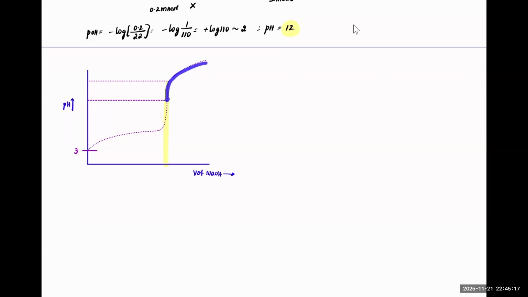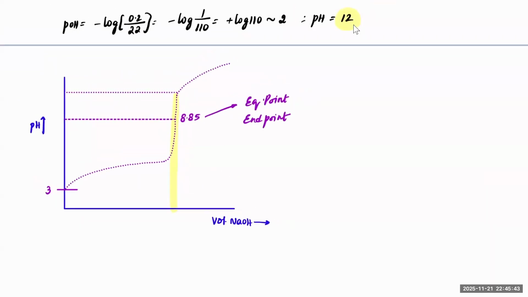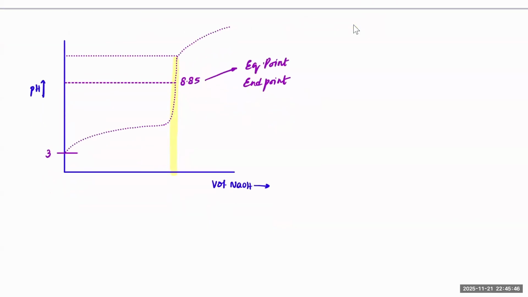Hardly any ml is being changed, but the pH drastically increases. The pH at which it happened is 8.85. That is the equivalence point or the end point. What is the volume at which it happens? 10 ml.